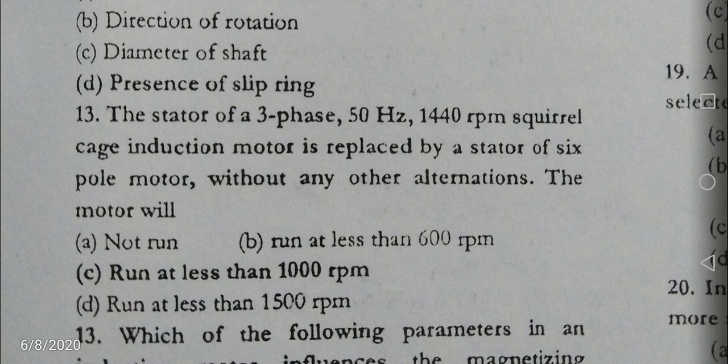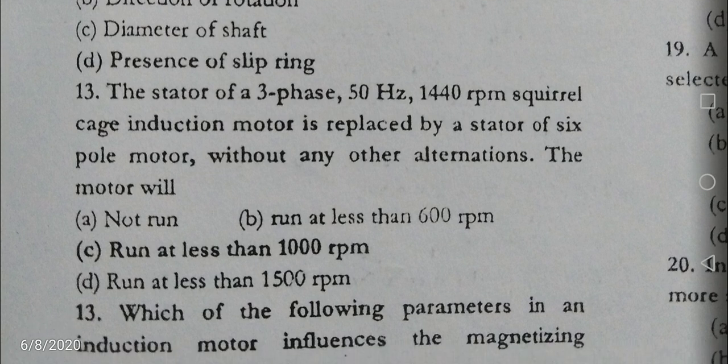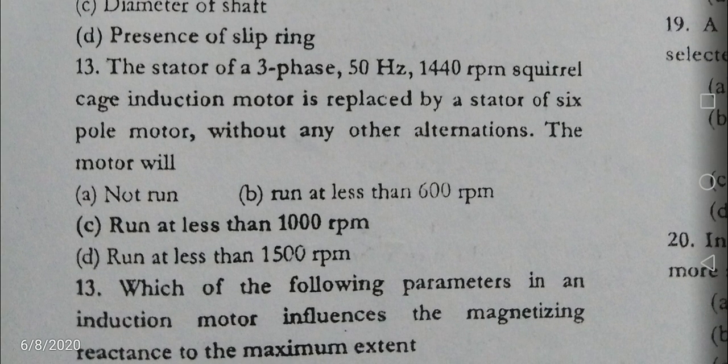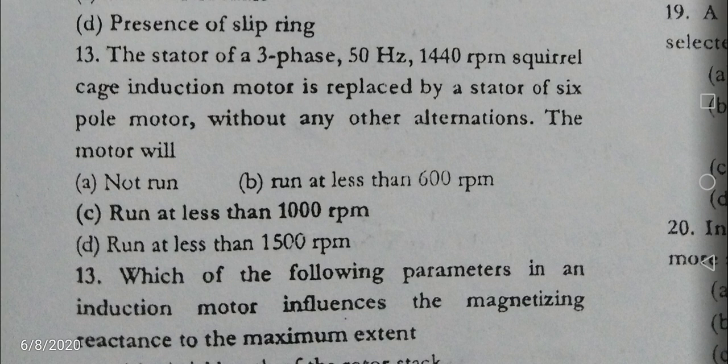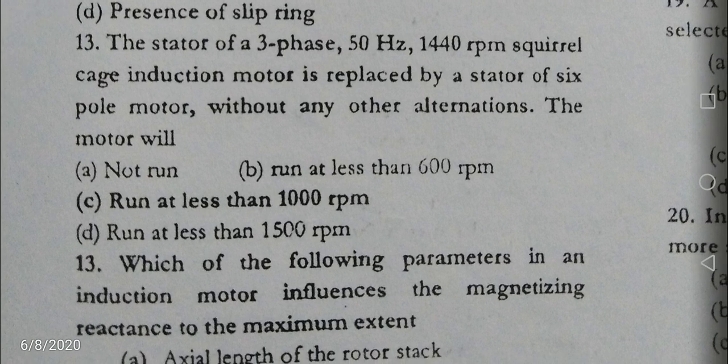So if the 4 pole machine is replaced with 6 poles, then 6 poles means ns equal to 1000, then nr must be less than 1000.